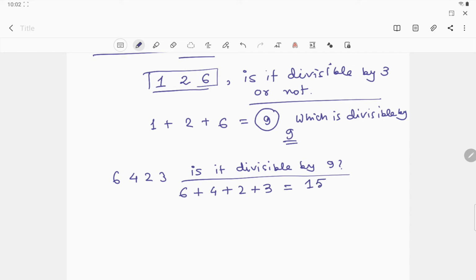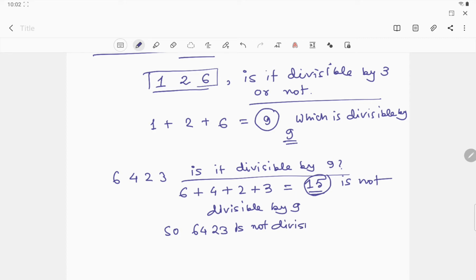So here it is 15, and you know 15 is not divisible by 9. So 6423 is not divisible by 9. But 6423 is divisible by 3.